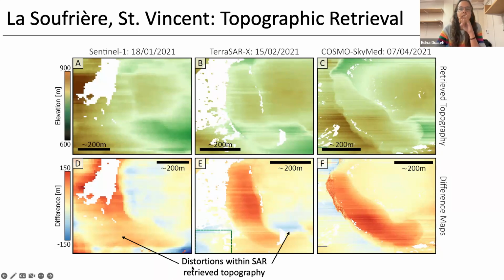These distortions are mainly related to radar layovers. While we can correct for the lack of information over the radar shadow, the radar layovers still produce a signal in the backscatter data, and this signal ends up distorting our profiles.